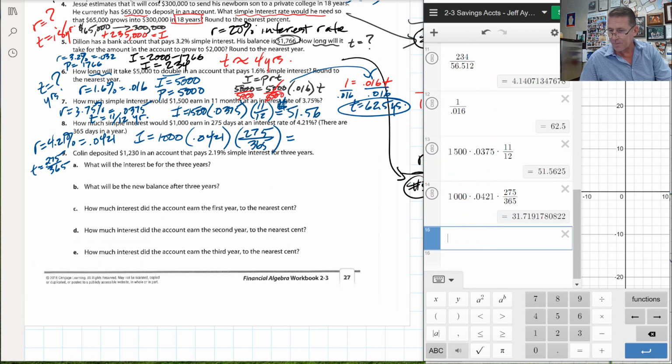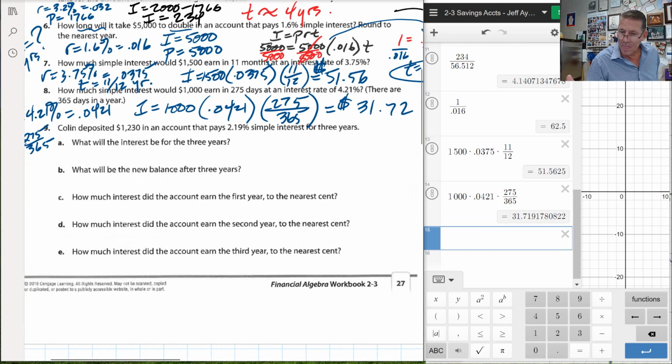There's your fraction of the year. And you get about 31.72 rounded. So $31 and 72 cents rounded. So make sure you round to the nearest hundredth. It says 0.719, but 0.719 dollars is actually 72 cents. So always round to the nearest hundredth.